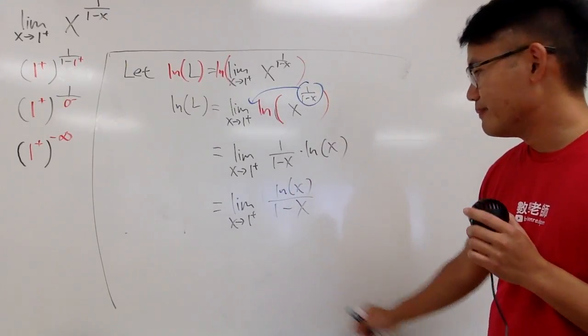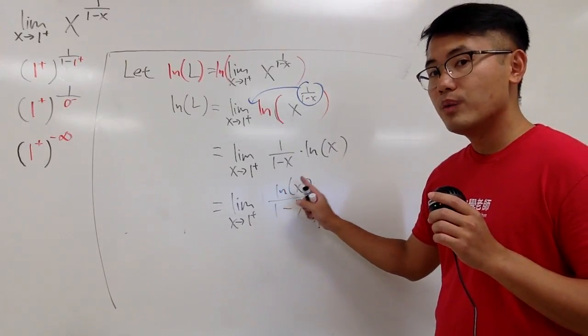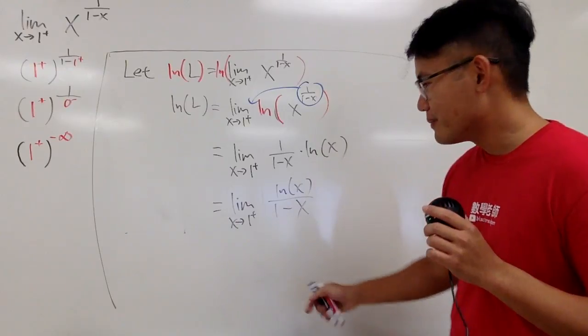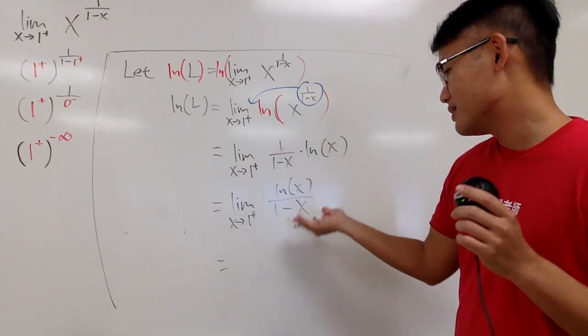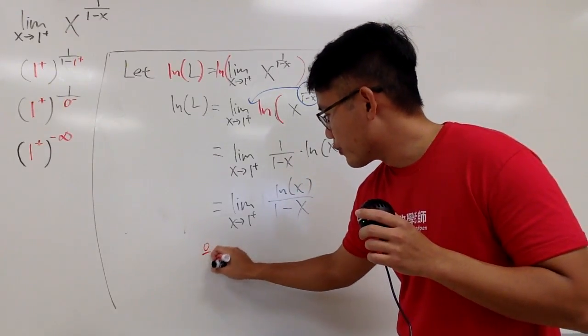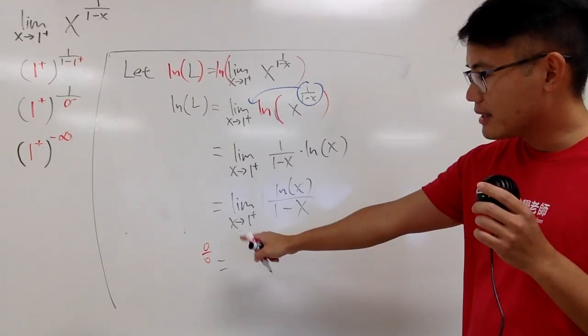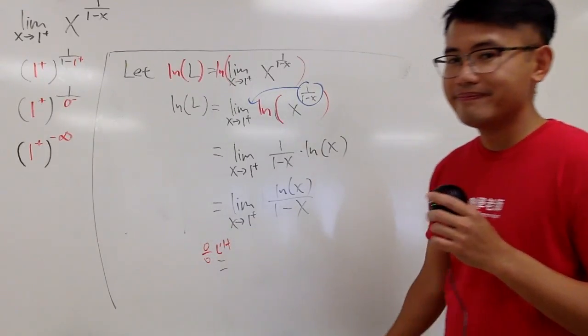And now, when we plug in 1 plus into this x, we get ln 1, which is 0. And then 1 minus 1 plus is also 0, but it's technically 0 minus. But more importantly, it's the 0 over 0 form, right? That's the indeterminate form. This is good because we can use L'Hopital's rule.